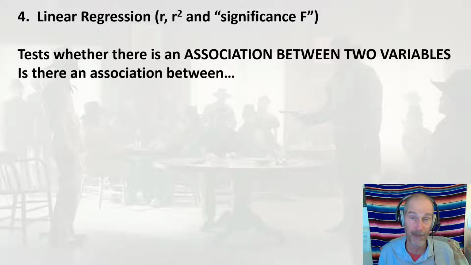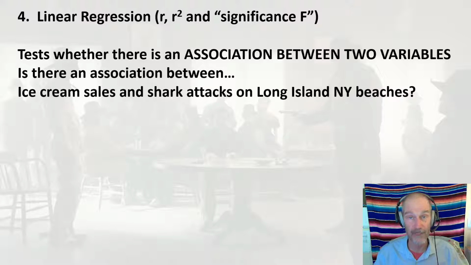So for instance, I might be interested in looking at an association between ice cream sales and shark attacks on Long Island, New York beaches. I don't know where I got this one from. I read this somewhere in an example of statistics and correlation and regression. But I don't know if it's true or not, but you might think that as ice cream sales go up, so do shark attacks.